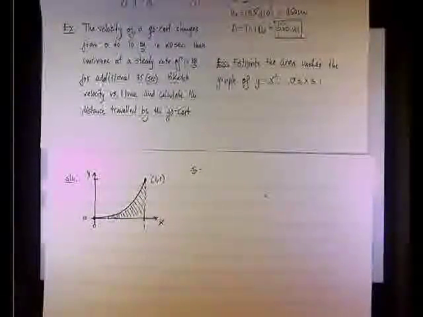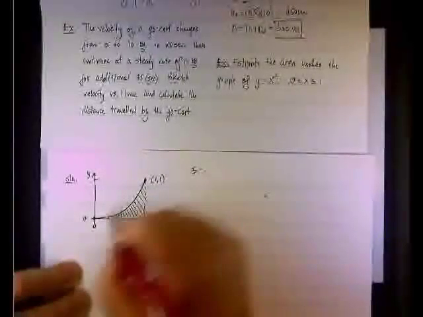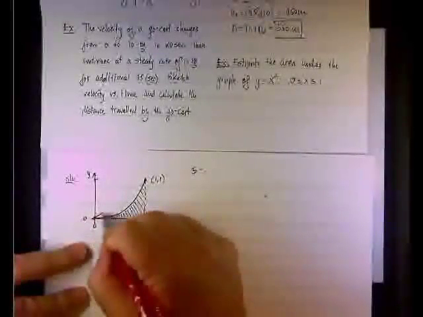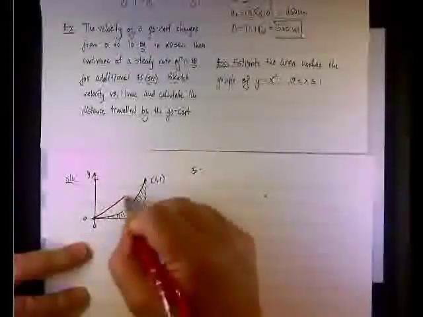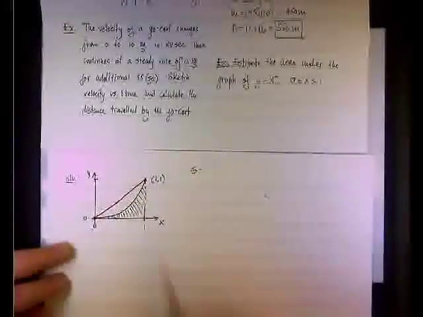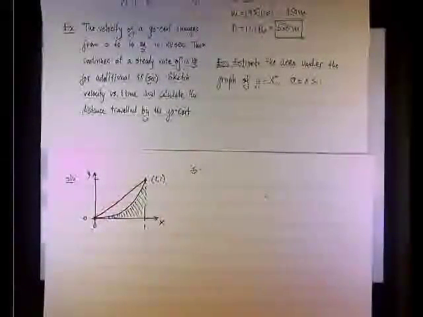Okay, so this area. Now, I don't have a clear geometric figure here that allows me to calculate, so I can do an initial rough estimate. For instance, instead of calculating the area under the curve, I can calculate the area under the hypotenuse of a right triangle, like so. Now I know that this is a rough estimate.